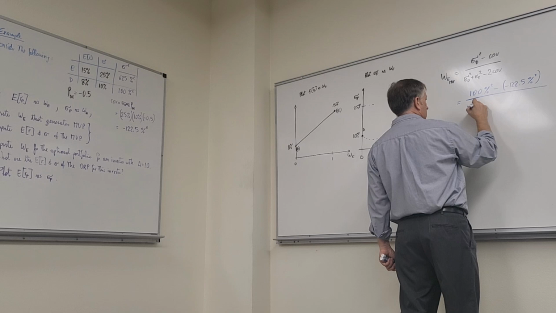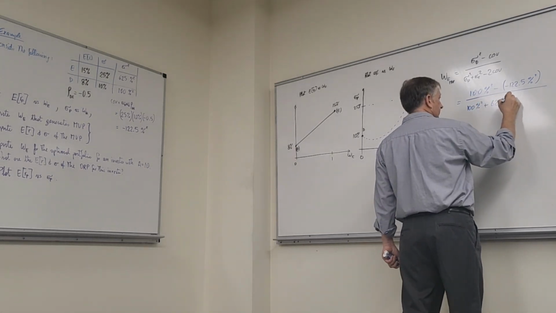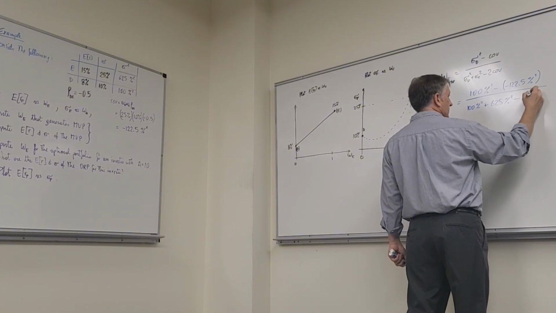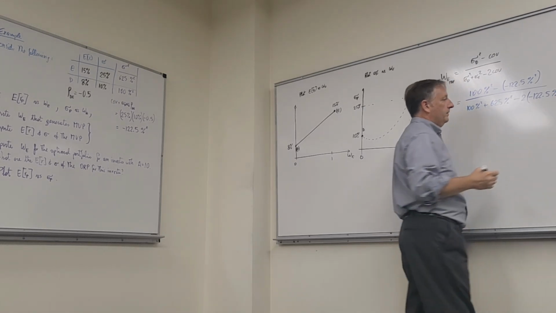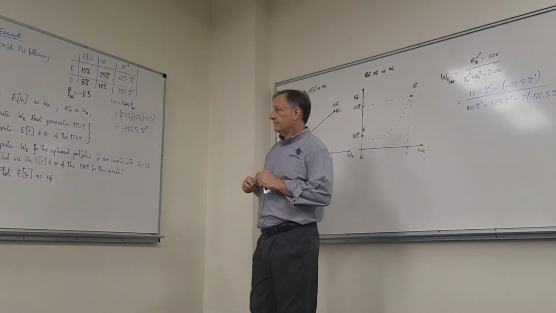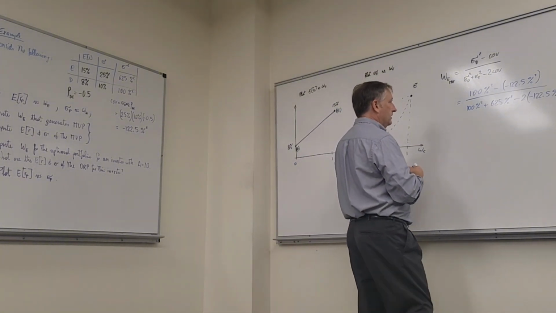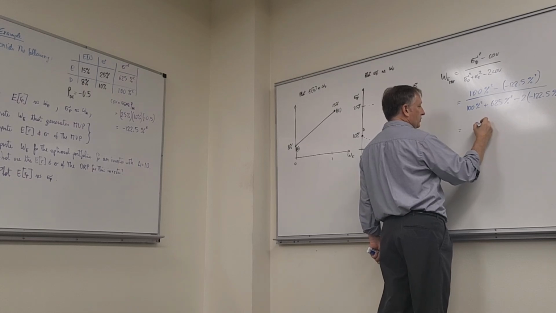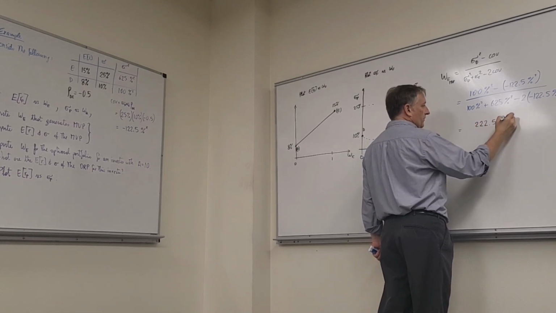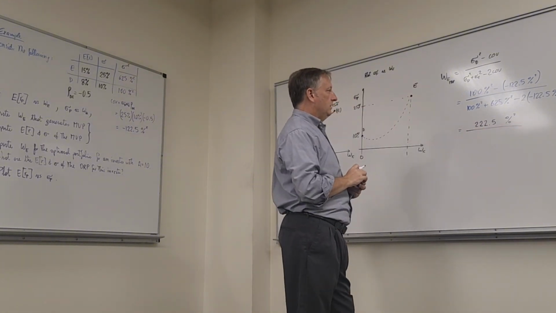Then you have 100 plus 625, minus 2 times... So you get 225, 2.5, this guy squared. And is this number right?